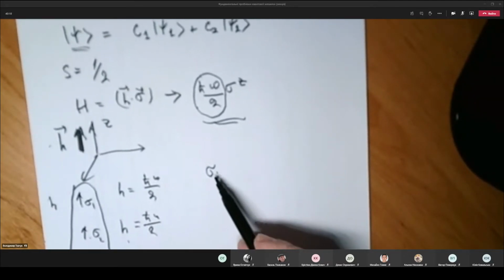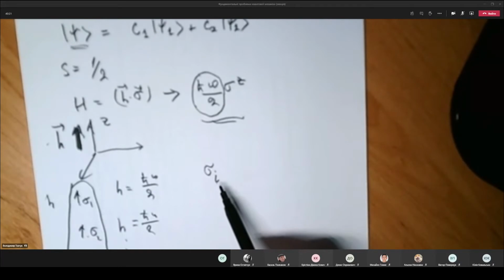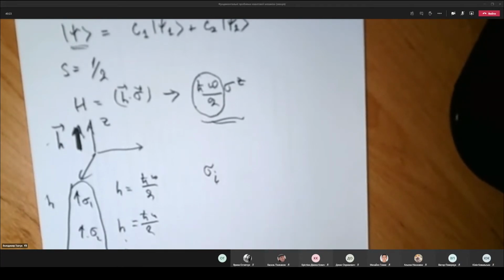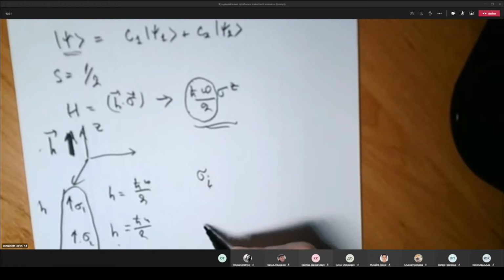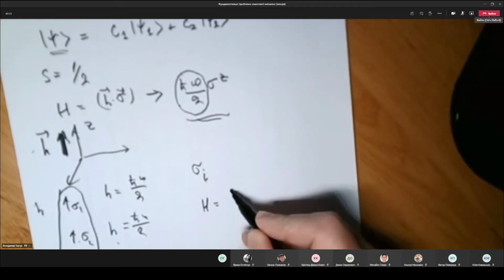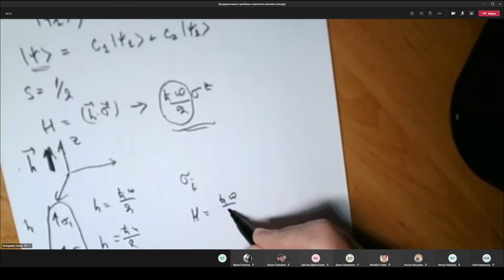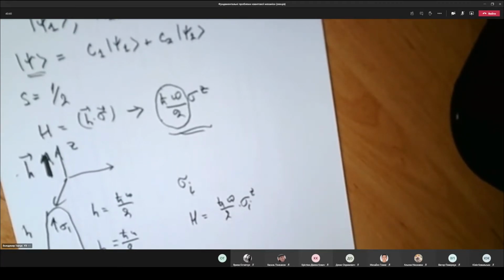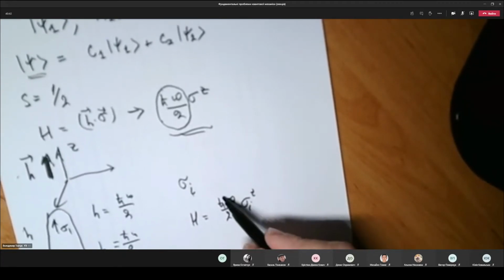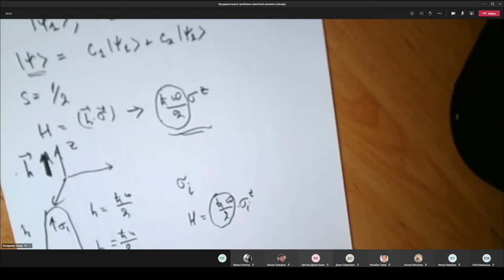Sigma i describes the corresponding spin: the first spin, the second spin, and so on. Then the Hamiltonian for each spin is the same magnetic field times sigma iz. The magnetic field is the same for each spin.